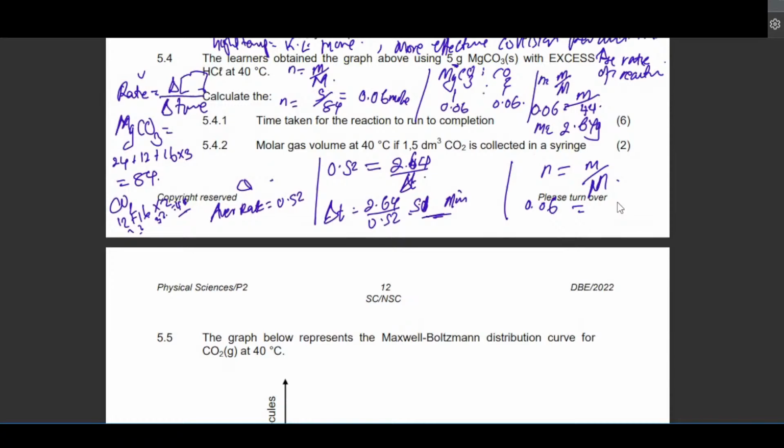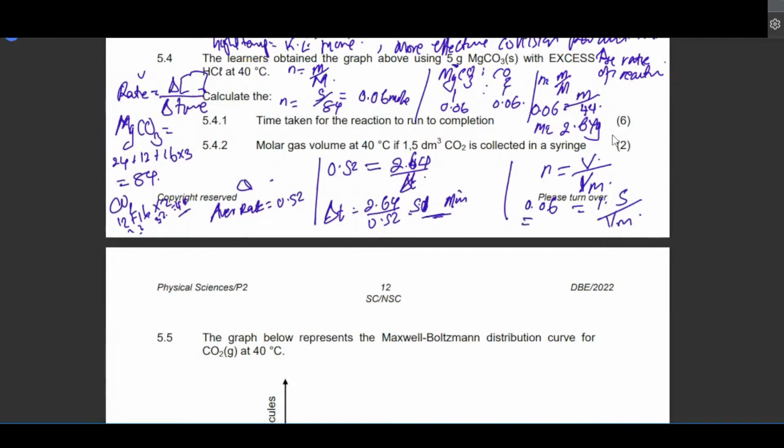So do I have the mass? Yes, I have the mass. Okay, let's not use the mass because they are looking for molar volume. So let's use the volume over molar volume. Do I have the volume? Yes, I have the volume, which is 0.5 out of the molar volume, which I don't know.